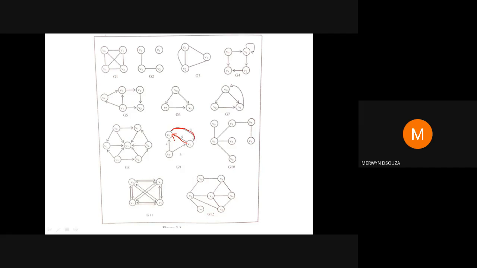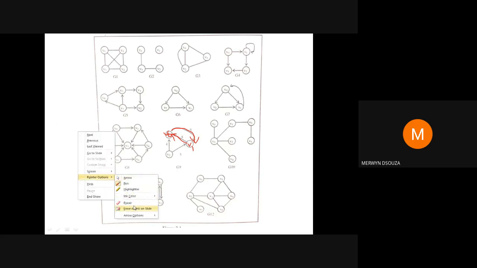But if you take this example here, there's an edge going in both directions, so I can say V0 is adjacent to V1, and because the edge goes in both directions, I can also say V1 is adjacent to V0. So you have to be careful with directed graphs.